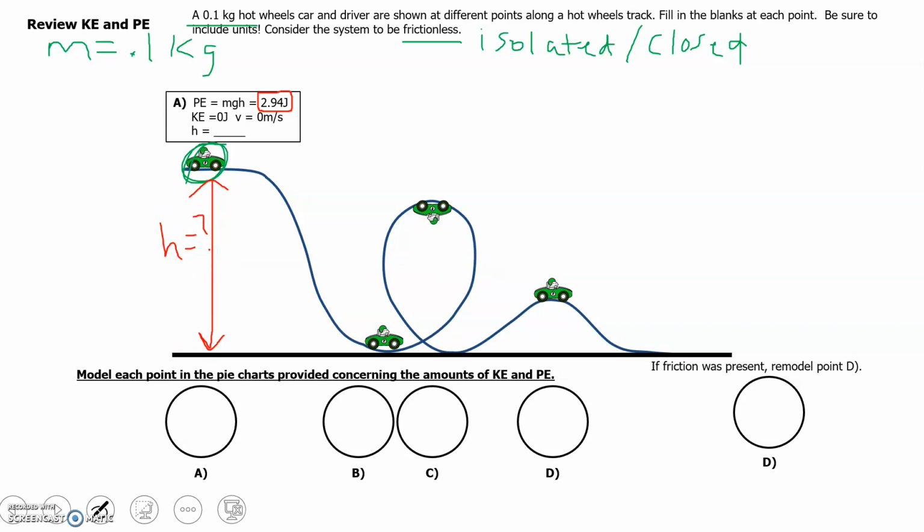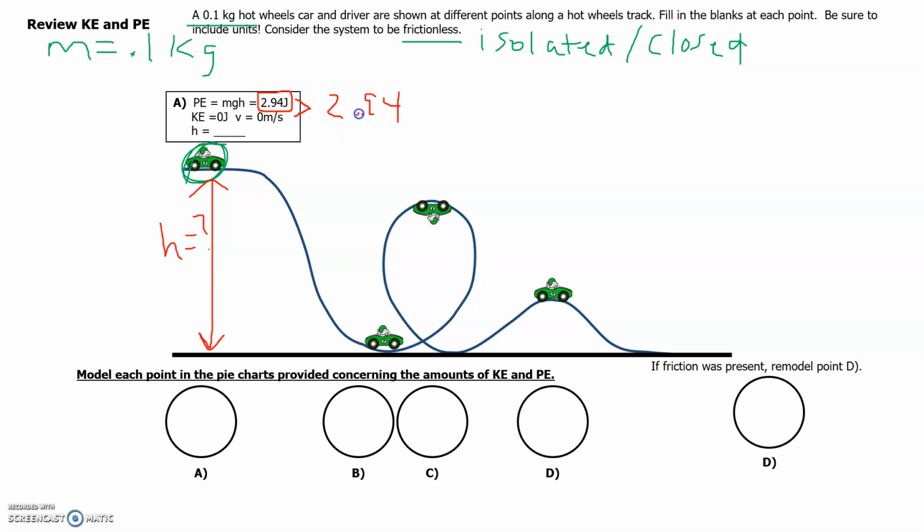All right, so before we get started, I do want to remind you that energy is never created or destroyed, but it can be transferred. So that means for every position of the car, we should have the same amount of energy. Maybe not the same amount of potential and the same amount of kinetic, but the total amount of energy. So because at point A, we have potential and kinetic energy, if we were to add these together, we're going to get 2.94, right? 2.94 plus 0.